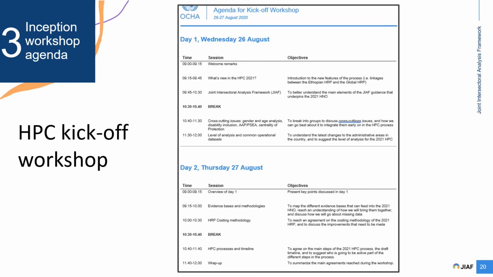On the second day, there is some time scheduled to map the different evidence bases that feed into the H&O and looking at information gaps. From there on, the workshop moves into discussing HRP costing methodology and concludes by agreeing on the processes and timelines.